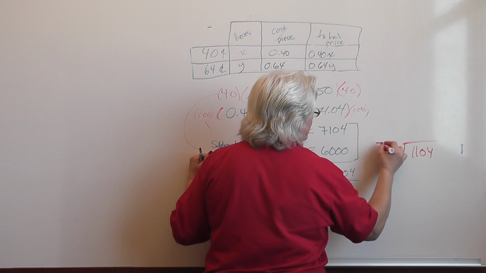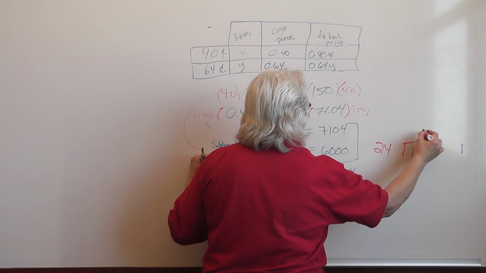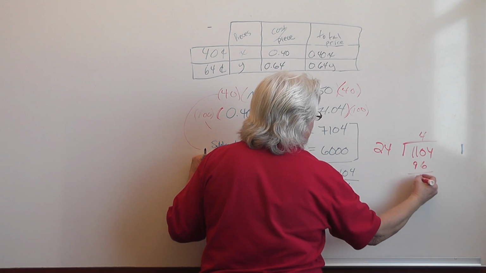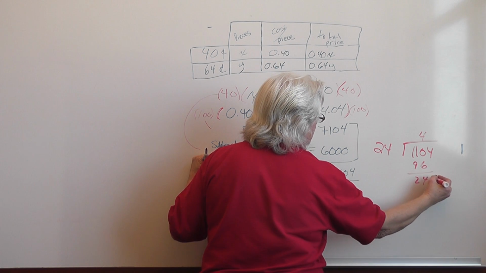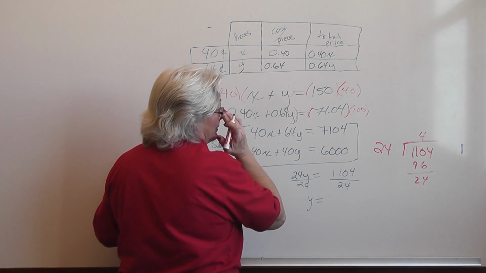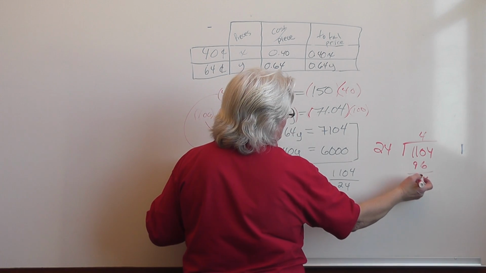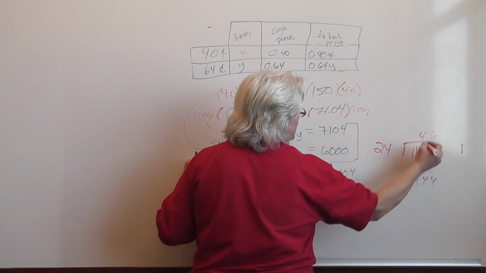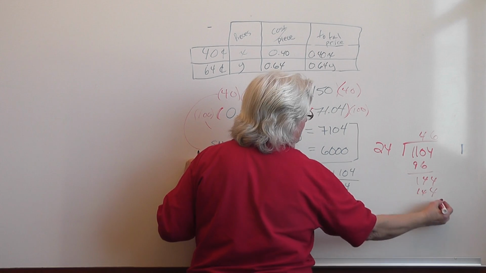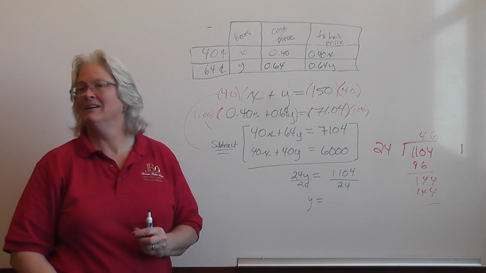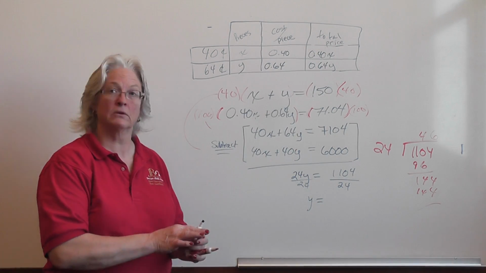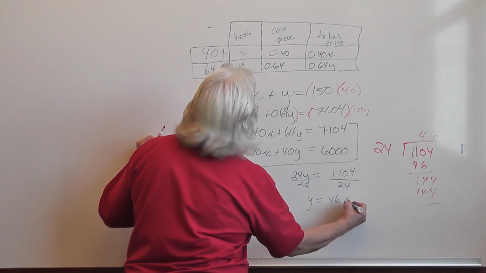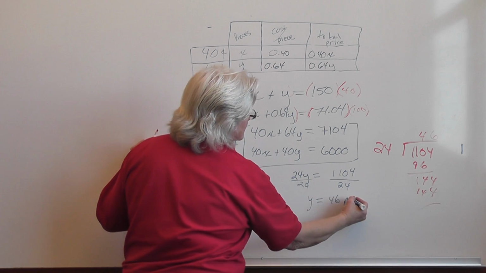1104 divided by 24. 4 4s are 16, 96. 4, 200, 144. 6 times 4 is 24, 144. We see that y is equal to 46. 46 what? 46 pieces of postage that cost 64 cents.